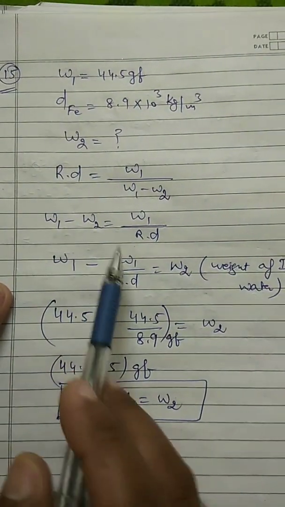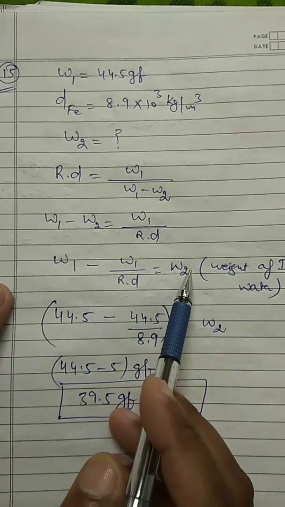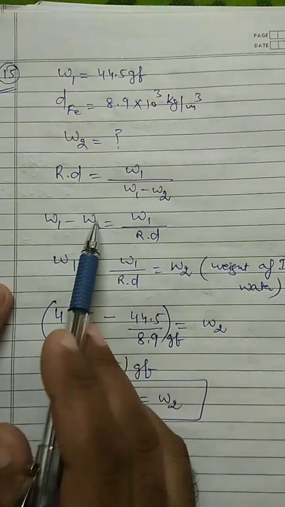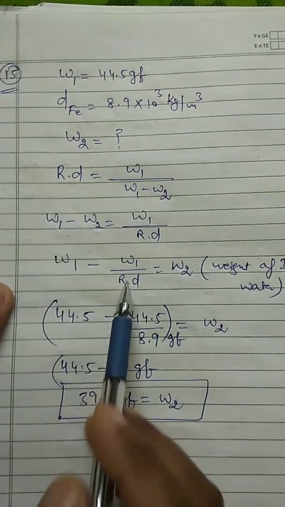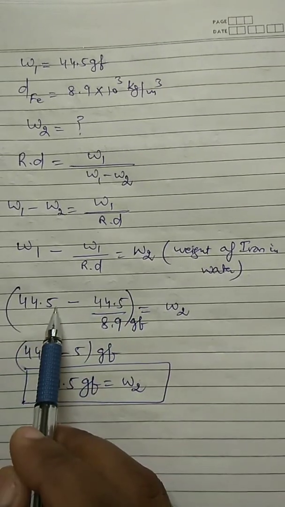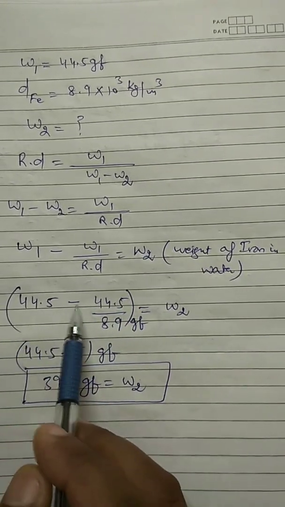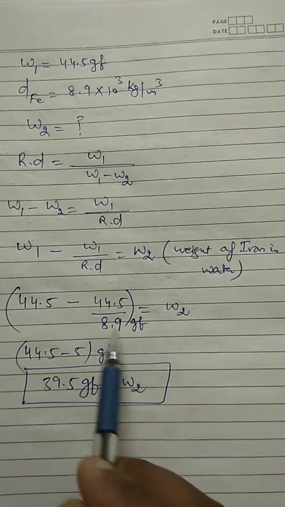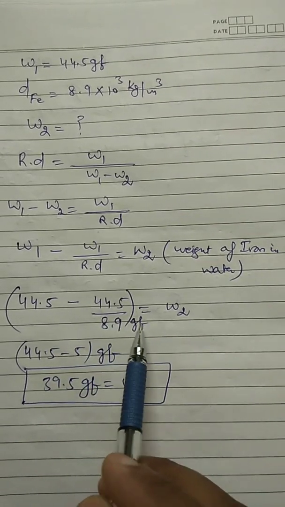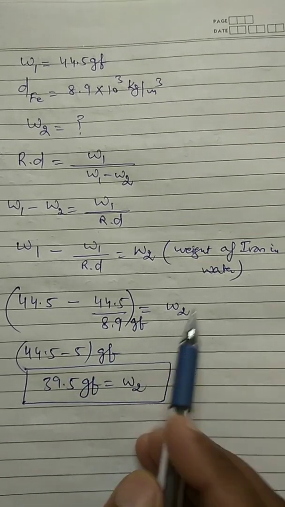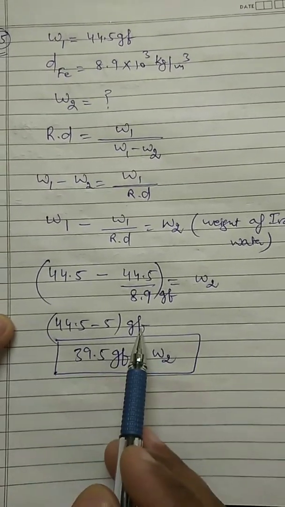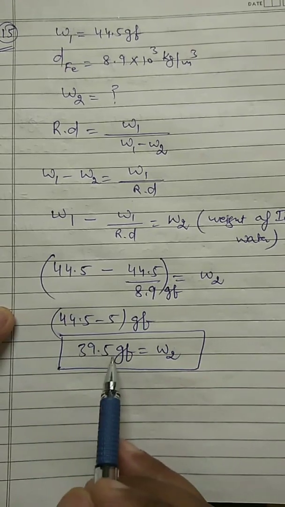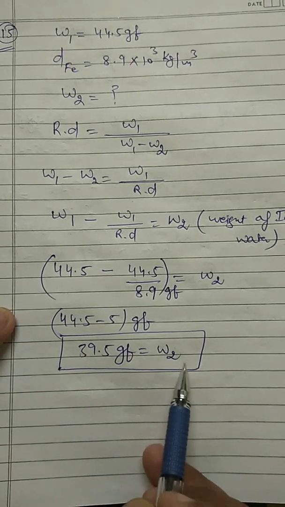Because W2 you want to find, take it to this side, and W1 over relative density you can bring to this side. Substitute the values. 44.5 minus 44.5 over 8.9, in gram force, is equal to W2, that is the weight of iron in water. So 44.5 minus 5 gram force, it is 39.5 gram force, is equal to W2, which is the weight of the iron in water.